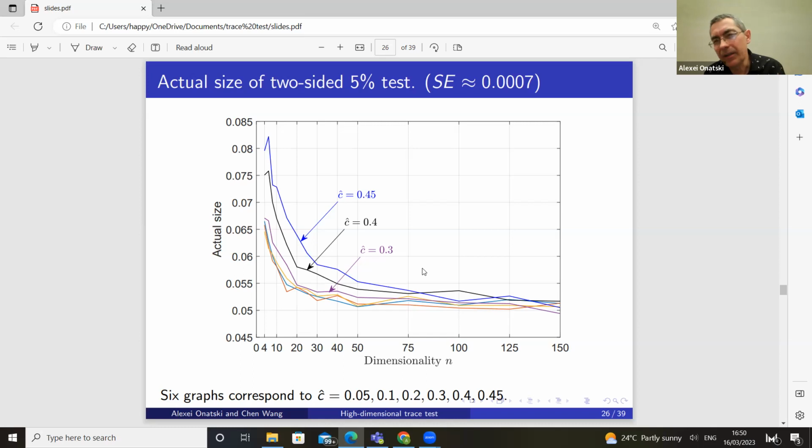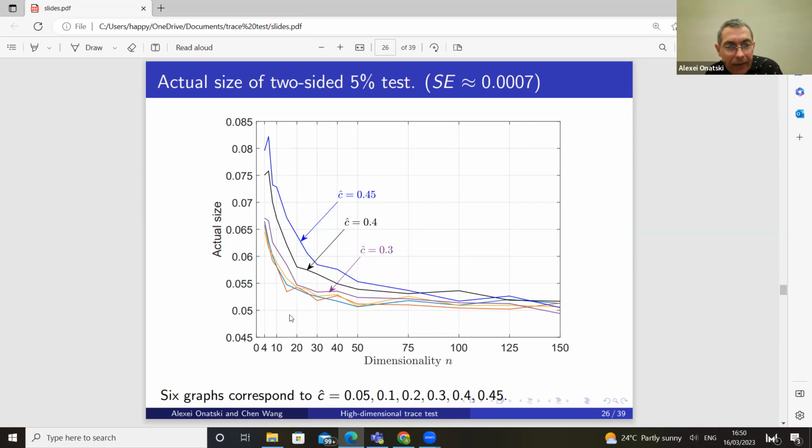I'm considering 6 different values for this c hat. I'm starting from very small ones, 0.05, then 0.1, 0.2, and then they increase to 0.3, 0.4, and 0.45. And then I'm just looking at how the size of the test behaves when n changes, but t is kept proportional to n, so that we stay on the same c hat.